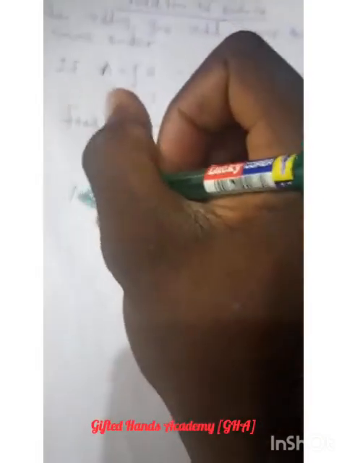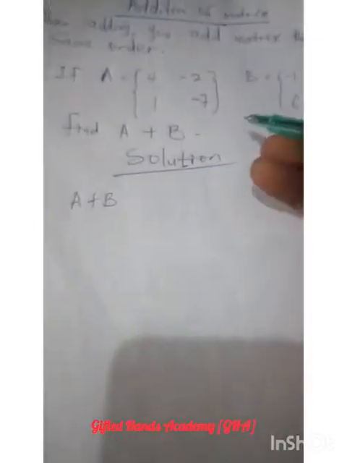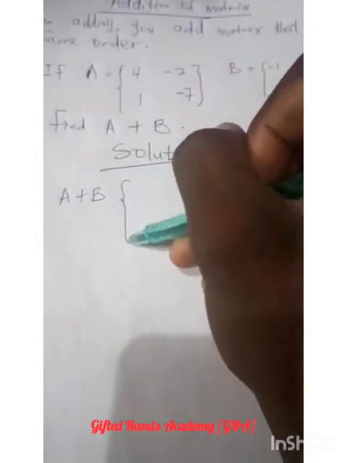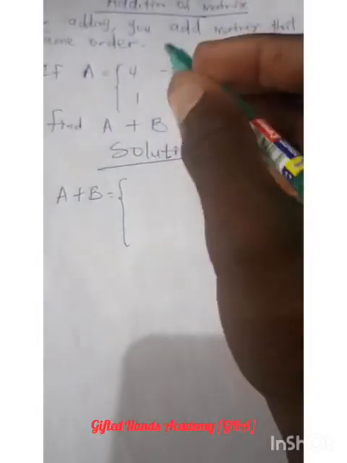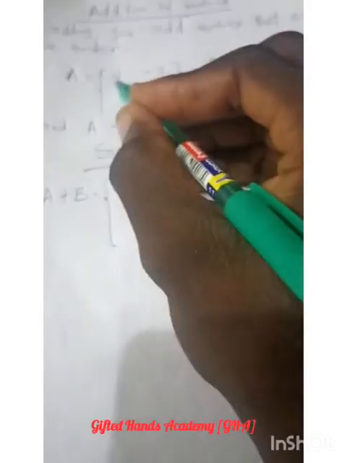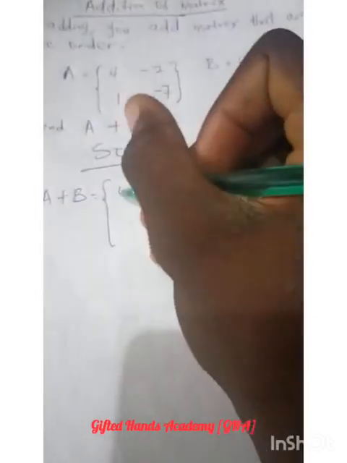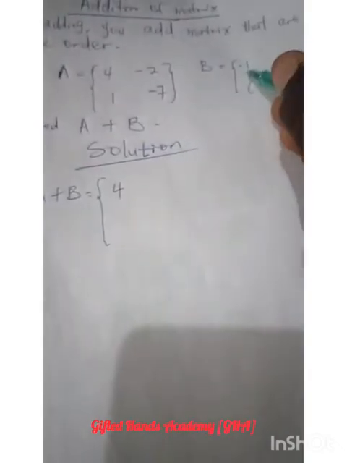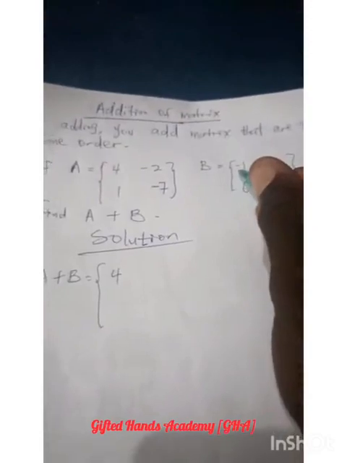So we want to find A plus B. So this is A plus B now. I'm creating a column for A plus B is equals to. On row 1, this 4, I'm adding it to this minus 1 on the same row 1, column 1.